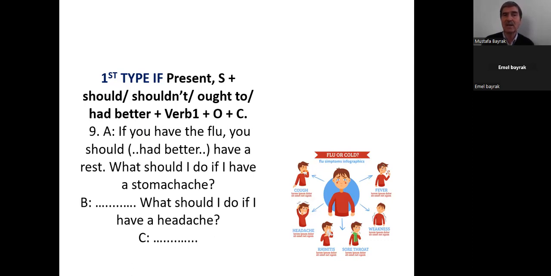What should I do if I have a stomachache? If you have a stomachache, you had better see a doctor. What should I do if I have a headache? If you have a headache, you should take an aspirin, or you had better take an aspirin.